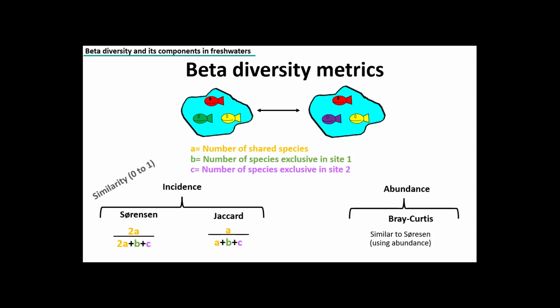So let's see this index. The letter A here represents the number of shared species between the communities. The letter B is a number of species unique in site 1, and the letter C is a number of species unique in site 2.